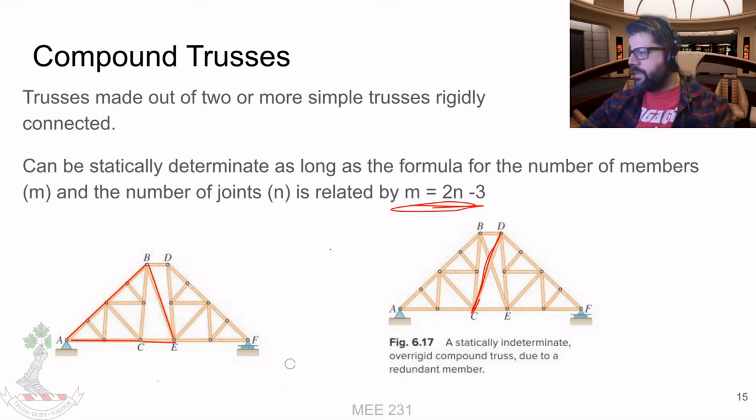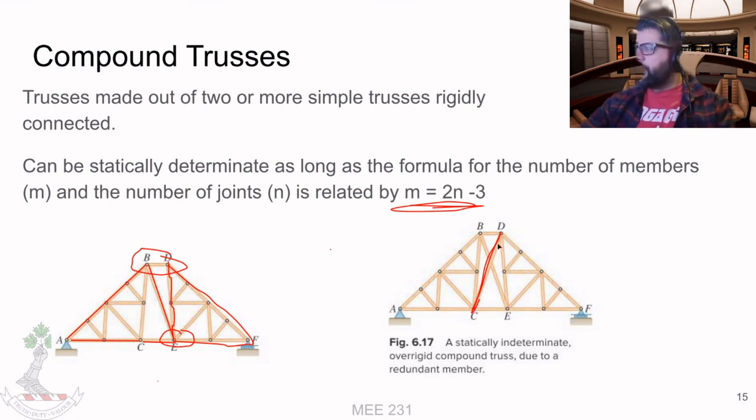Then we can just pin one of them to our other truss. So we got our other simple truss here, pin at one connection, and then add a member in between to connect it to the other one, and then it's good to go.